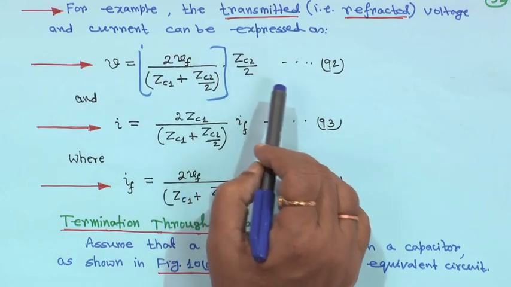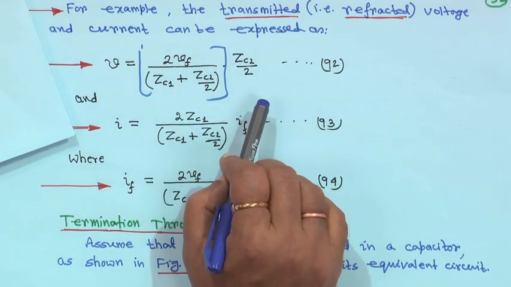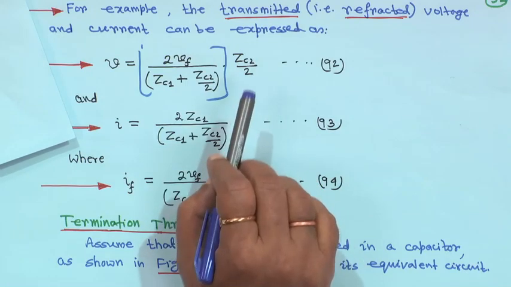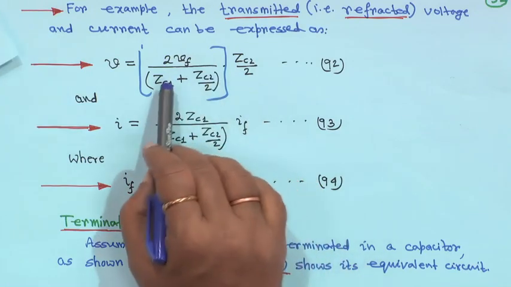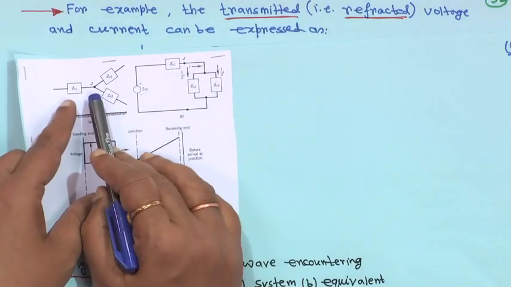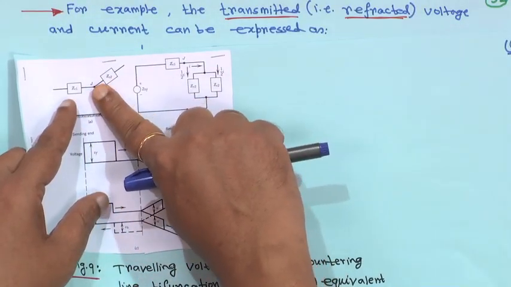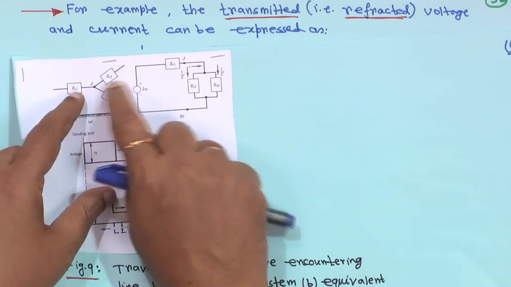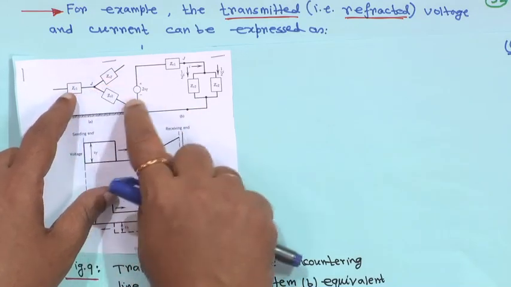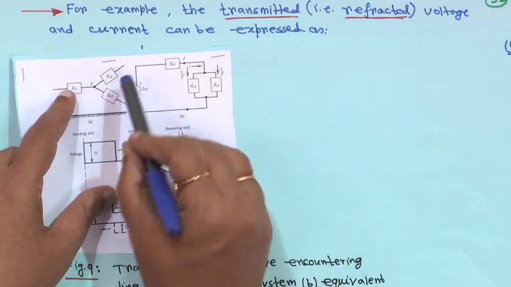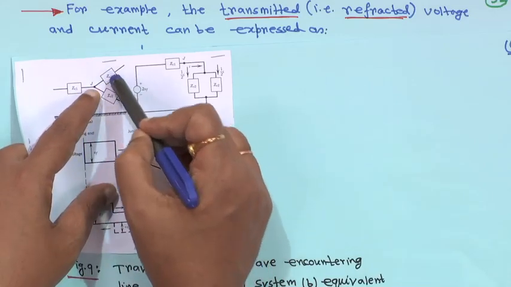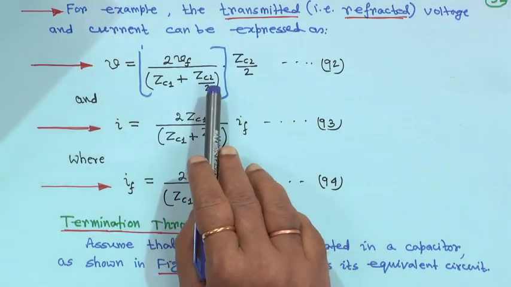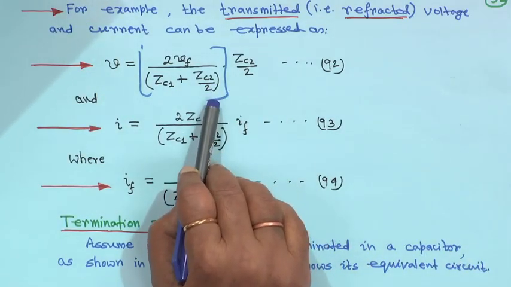That was for a line with ZC1 on one side and ZC2 on the other. Now the line is bifurcated into parallel lines. ZC1 remains the same, but in the previous expression instead of ZC2 you write ZC2 by 2.